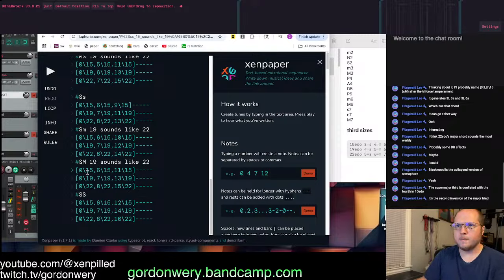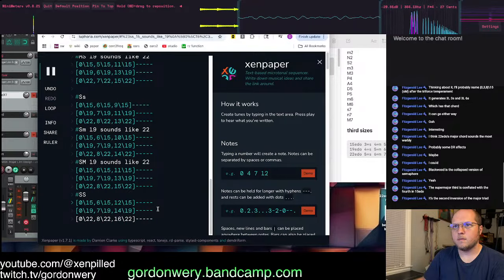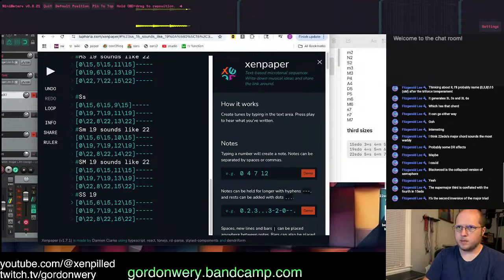Really wanted to, I guess. And since 19 and 22 both support sense of magic, that's a sense of magic triad in its purest form. They sound very similar. And then this is a sub-minor third on the top.